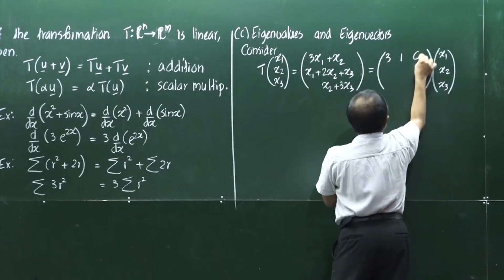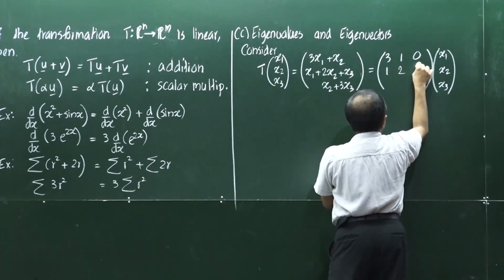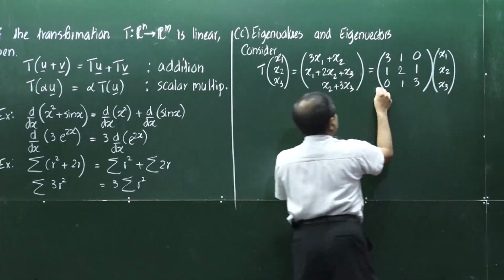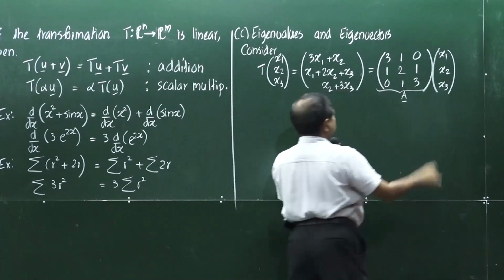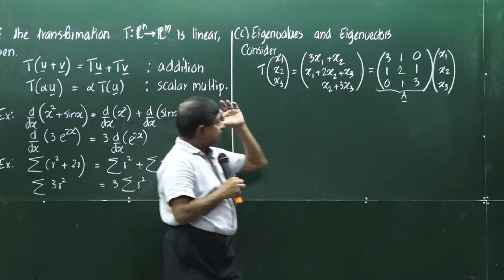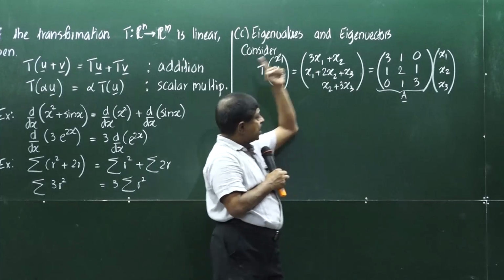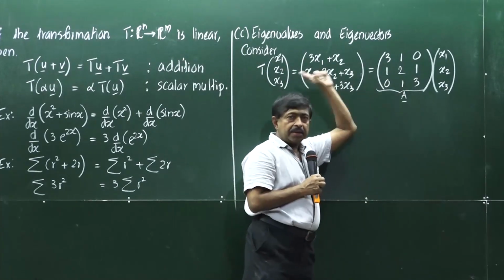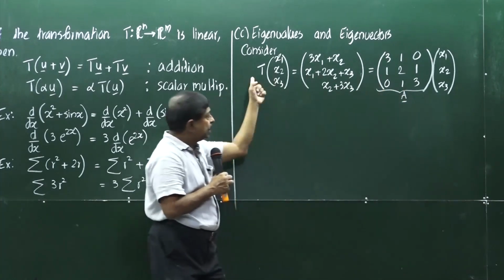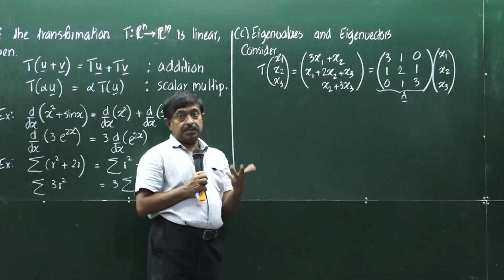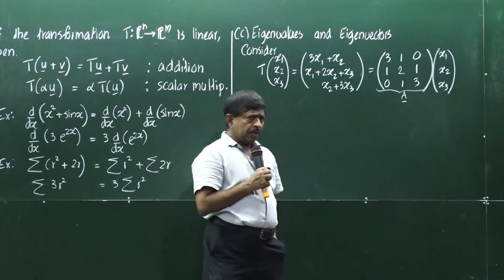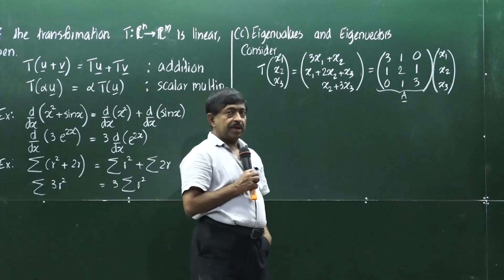We have done this one earlier. So this is A. Let this be A. A is the matrix of the linear transformation. Therefore, any linear transformation has a corresponding matrix, and any matrix has a corresponding linear transformation. Simple, right? Clear. Now, let's take some special vectors and see what happens.